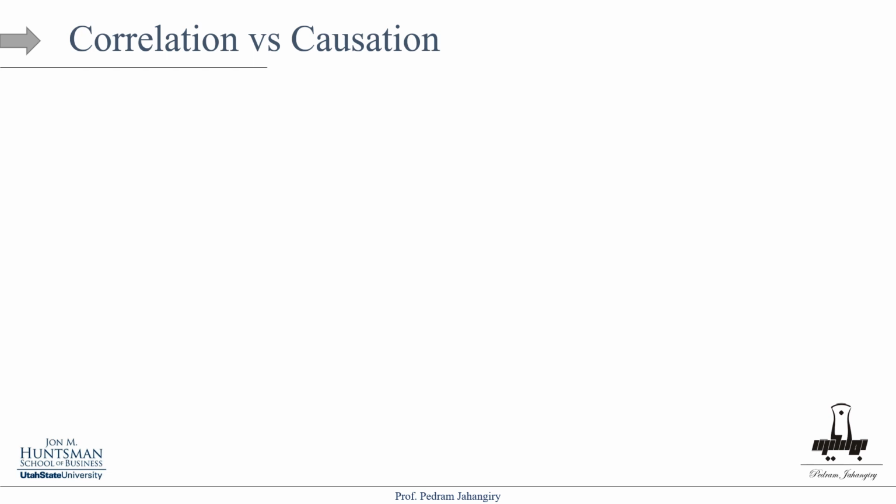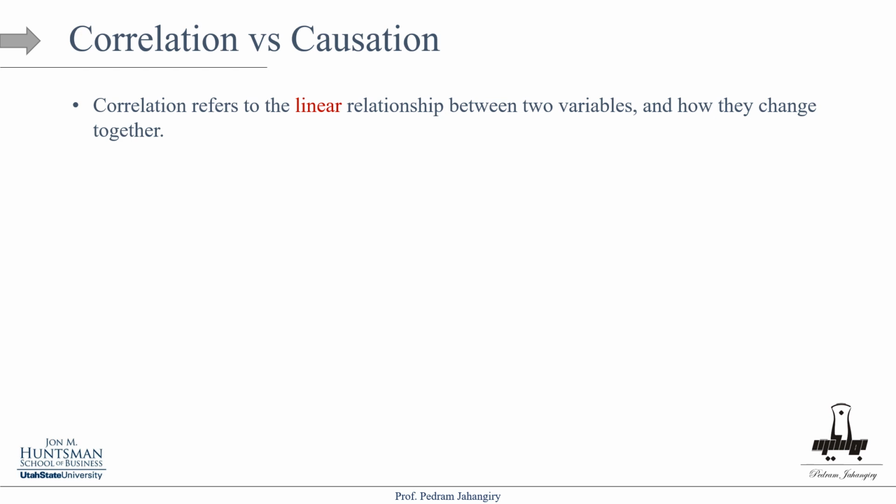All right, one very last thing before we delve into the details of the assumptions is the concept of correlation versus causation, which I bet many of you are already familiar with, but it is worth re-emphasizing one more time. Remember, correlation refers to the linear relationship between two random variables and how they change together. So this is super important.